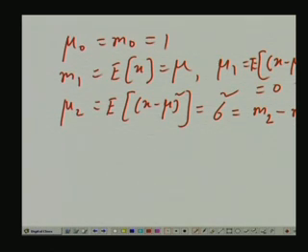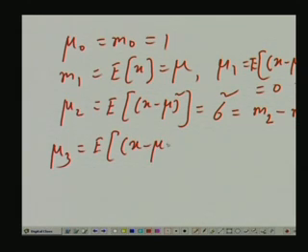Okay. M 2 minus m 1 square. Further, if you take mu 3, what is mu 3? Expected value of x minus mu, whole cube.